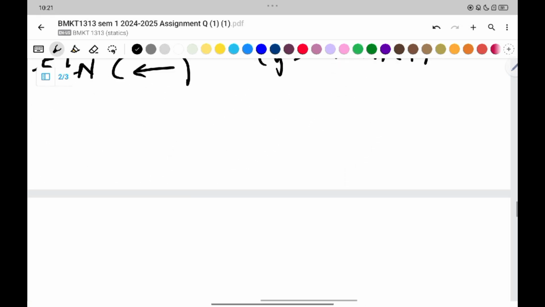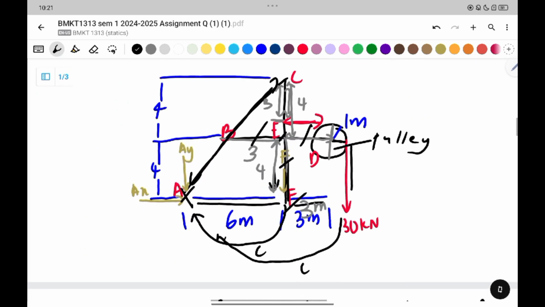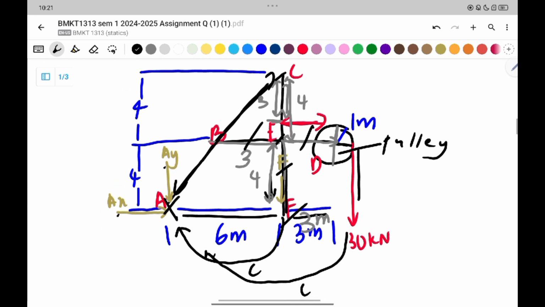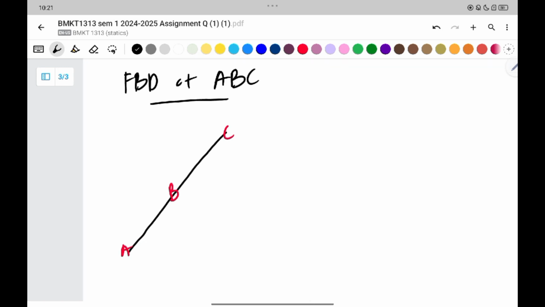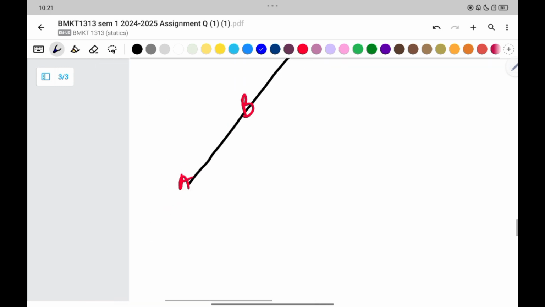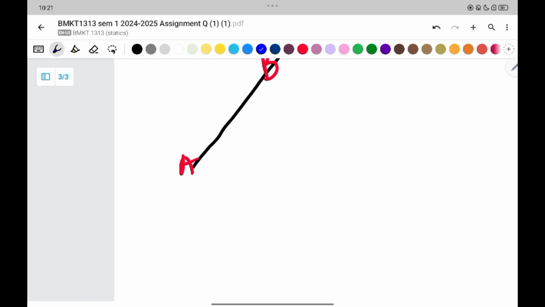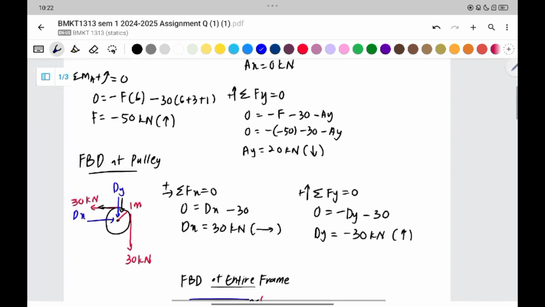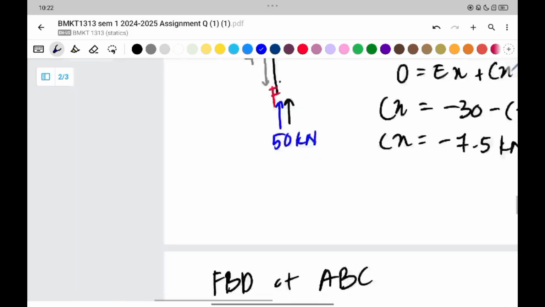Next, we need to do the free body diagram for this part, which is A, B, and C. We already found the value of AX and AY. B, we already found one of it. And C, we already found both of the values. So next, we draw the FBD of ABC. The value for the AX is 0, so we can write it, or not, it's up to you because the value is 0. The value of AY is 20 acting downward.